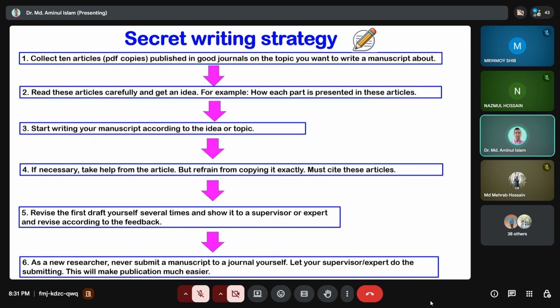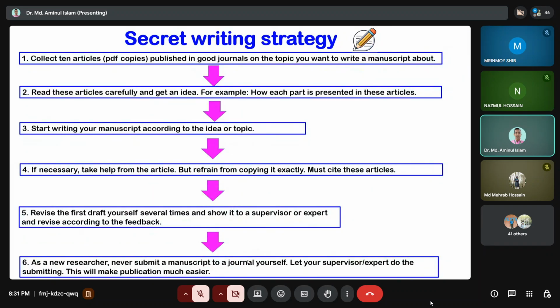Then, as a new researcher, never submit a manuscript to a journal yourself. Let your supervisor or expert do the submitting. This will make publication much easier, because during submission to any journal, you need to write a cover letter where the corresponding author's name and affiliation are there.